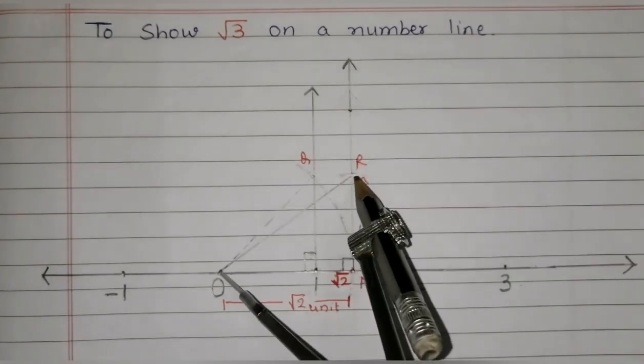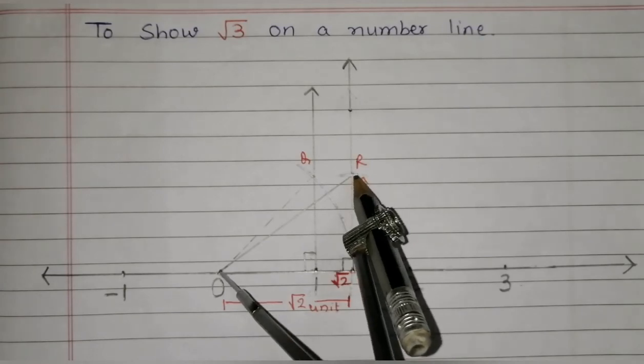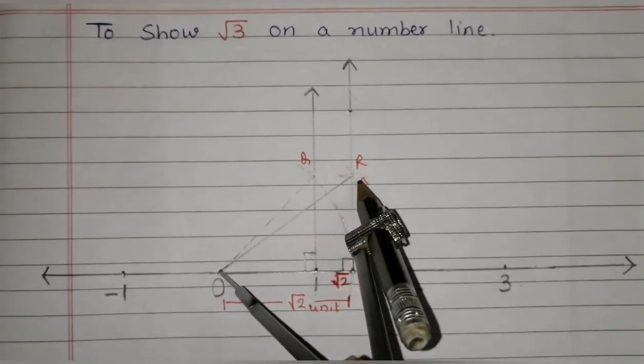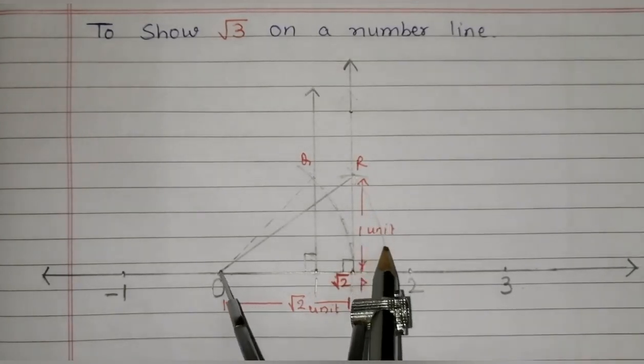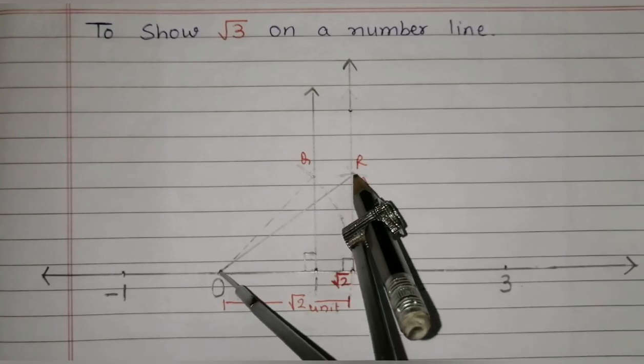Now in the compass take distance equal to OR and cut the arc on the number line with this radius OR.